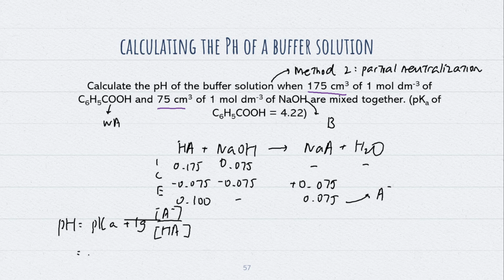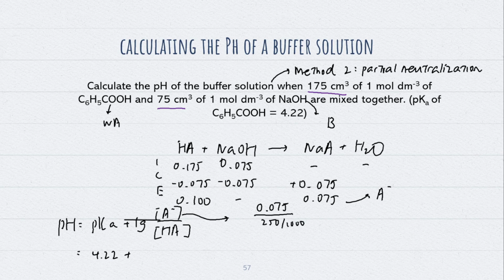For your pKa, you don't even need negative log, it's given already in this case, which is just 4.22, plus, again you have to find the concentration of your conjugate base as well as your weak acid. Tongue twister here. So how do you calculate your concentration? It's actually just 0.075 mole. This is the amount of moles, right? And what's the new volume here? The new volume here is 250 cm cube.